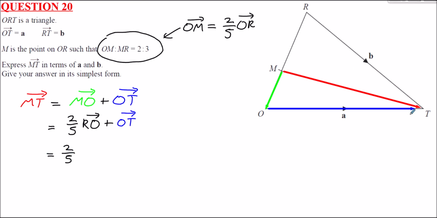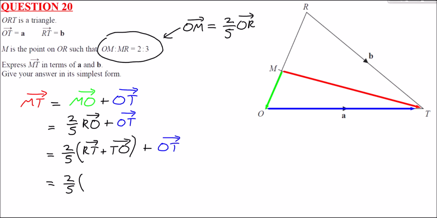But from R to O, how would I go from R to O? I'm not given any vectors which tell me. Well, I can go from R to T first, and then I could go from T to O. And then, of course, plus OT. So that means it's 2/5.